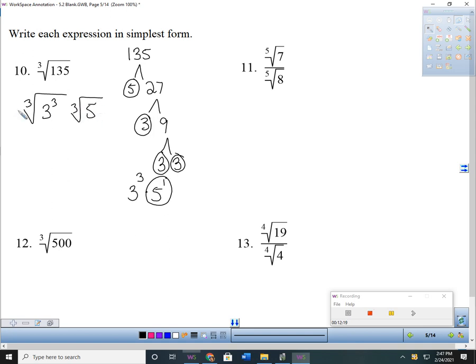The cube root of 3 to the third is 3, and then you have your cube root of 5 at the back. And something I have not mentioned, please make sure that your root number here, your index, is in the crook and that it is smaller. Otherwise I get confused as to what that number means.